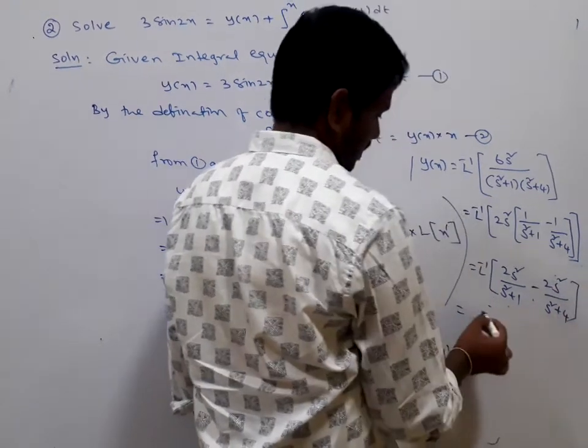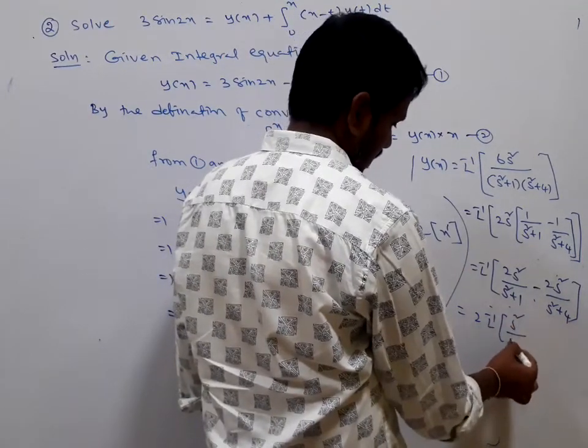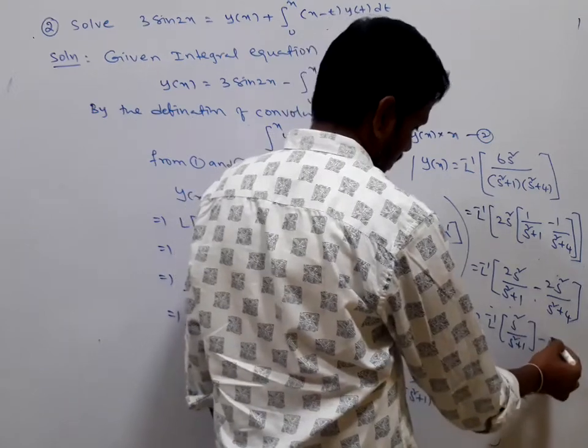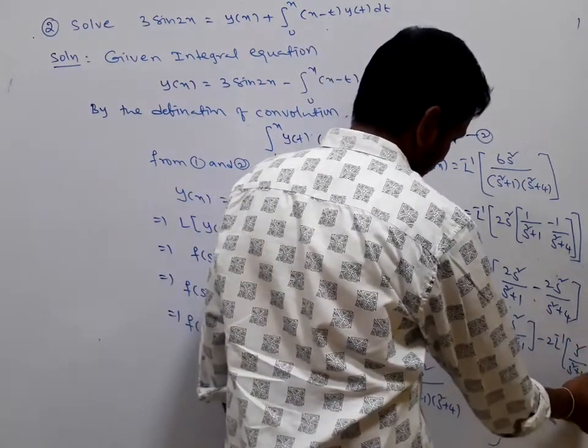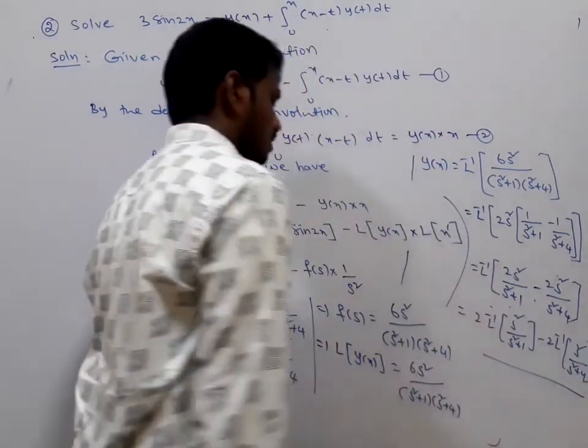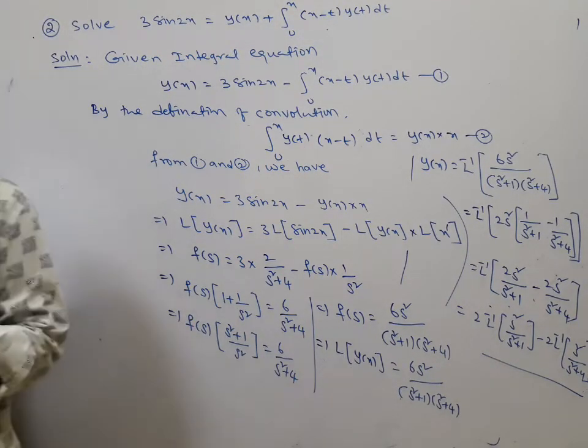If you find this, you will get the answer 2 into L inverse of s square by s square plus 1, minus 2 into L inverse of s square divided by s square plus 4. Right, then you will get the answer. Let's evaluate it: L inverse of s square divided by s square plus 1.